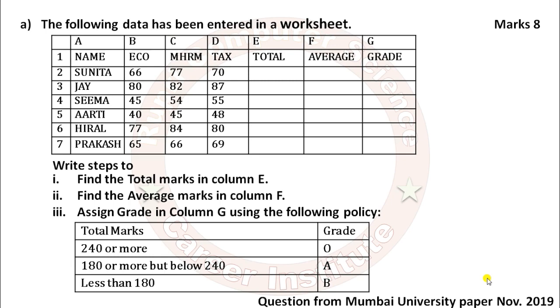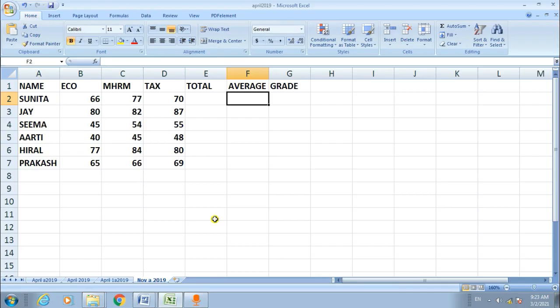Therefore, open your Excel software in your PC and type the worksheet as it is. Now I open Excel software in my PC and type the worksheet given in the question as it is.